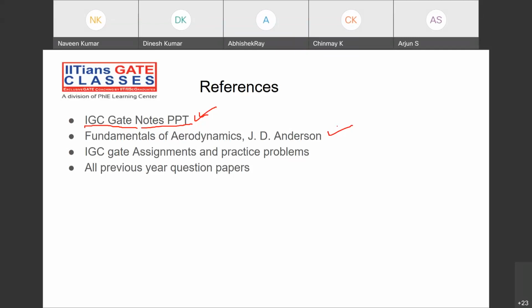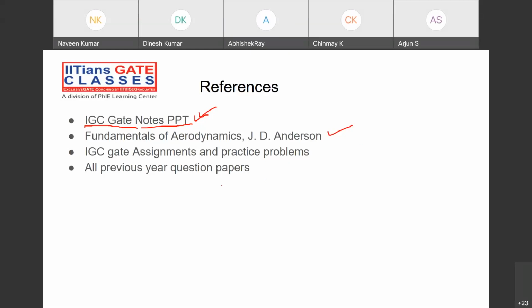I won't suggest you cover fully from multiple books. Then all the previous year question papers you can solve. This is all that you have to cover for aerodynamics.